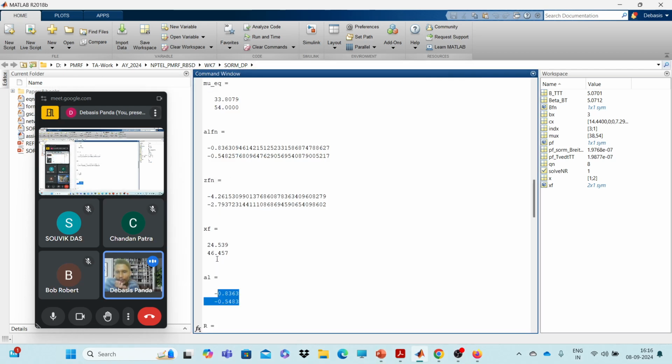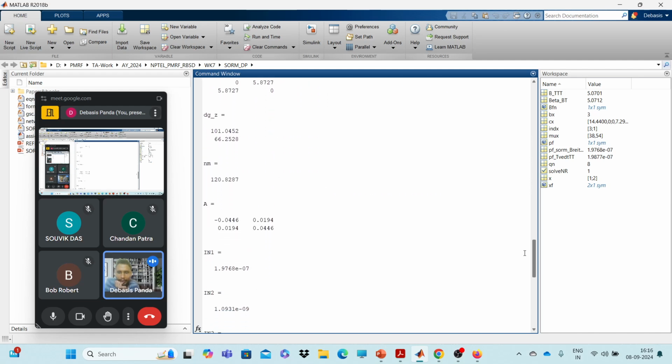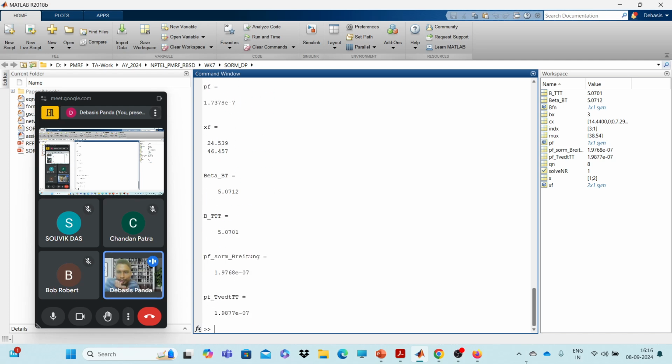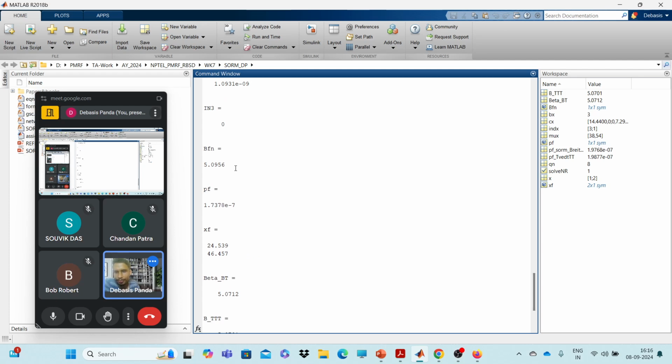Look, 24, 46, 0.8386 and this, and the beta value, beta using the form is 5.096, this beta fn.